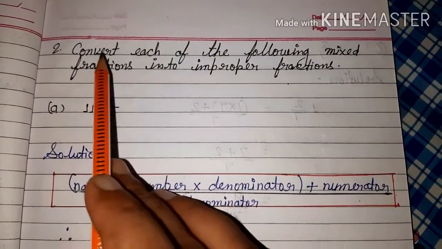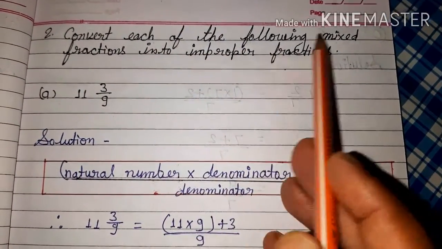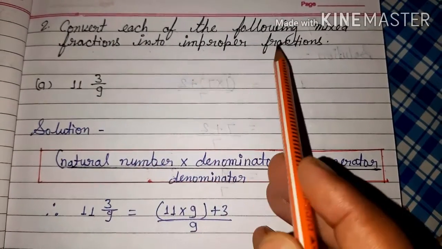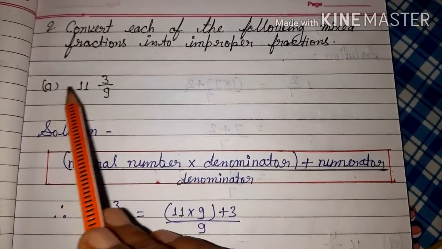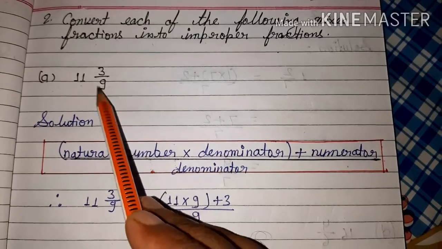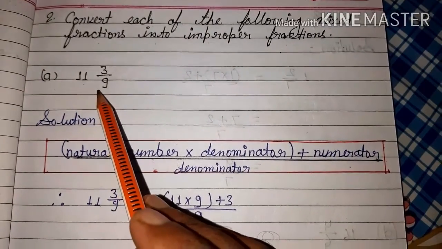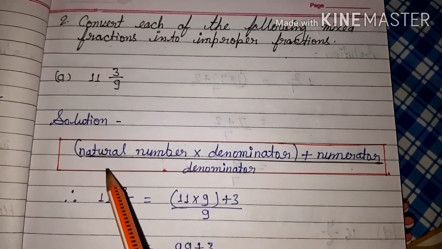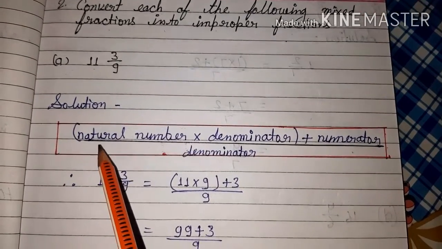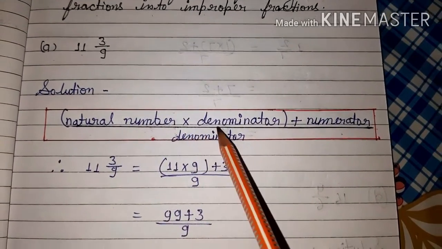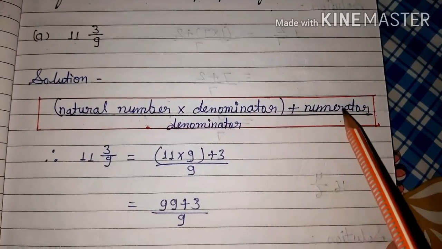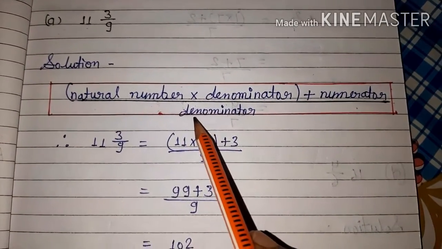Question number 2. Convert each of the following mixed fractions into improper fractions. A, 11 whole 3 by 9. This is a mixed fraction. So the formula of an improper fraction is whole number into denominator plus numerator upon denominator.